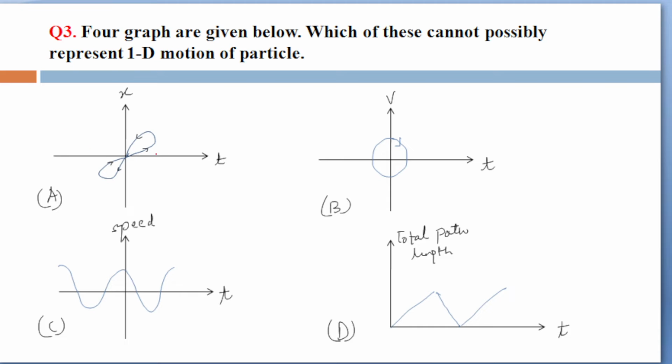Now the question is, the first is the xt curve given, so we can see at any instant, if we consider at this instant there are two positions.